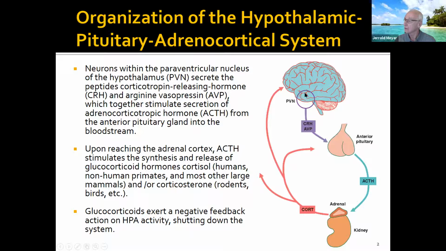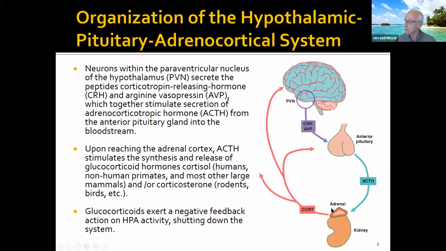These two together, the main player being the CRH, travel down the pituitary stalk to the anterior lobe of the pituitary, where there's a cluster of non-neuronal secretory cells that, when activated by CRH and AVP, secrete the next hormone in the cascade, adrenocorticotropic hormone, or ACTH. The ACTH is secreted into the bloodstream, into the systemic circulation.